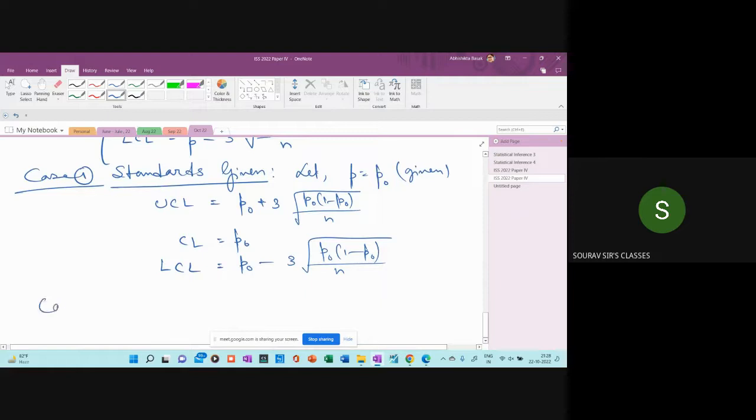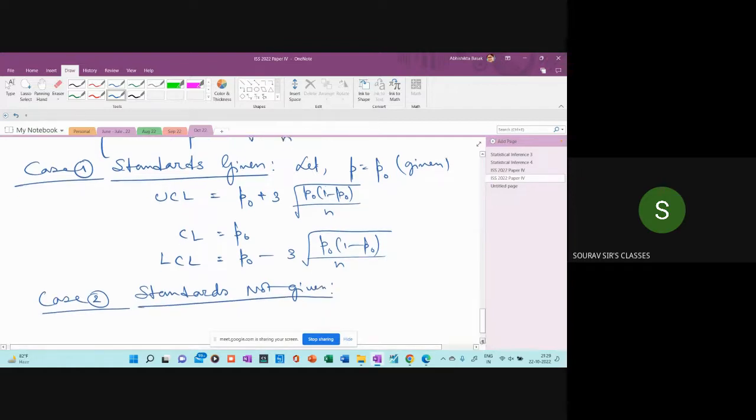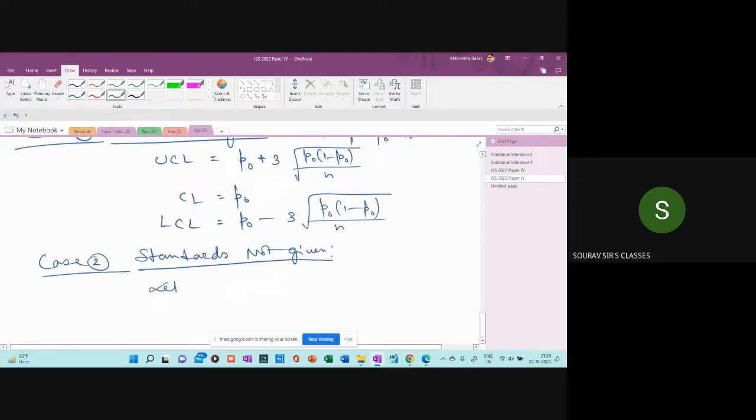Next is my case 2, standards not given. In case of standards not given, we have to estimate p. Let p hat be the estimated value of p.